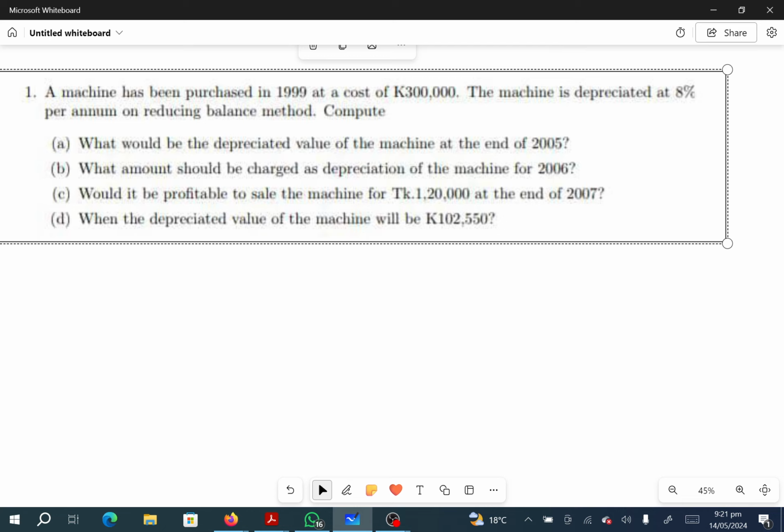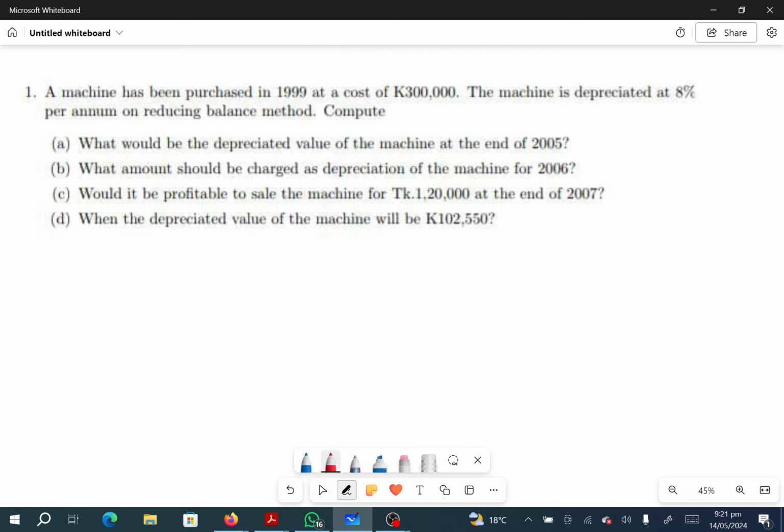Okay, so first, family, we need to know the data in the question we have been given. So we need to pick our data. So we'll say data.